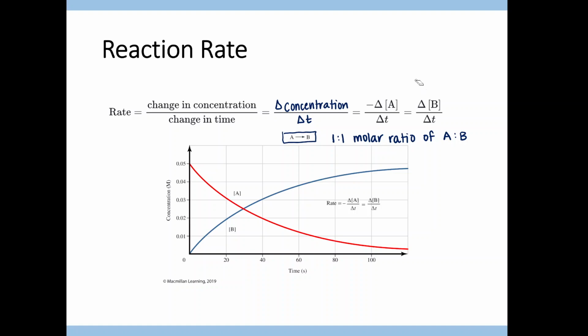So the rate of this reaction is equal to the negative change in concentration of A over time. Concentration of A is decreasing. So the concentration of A at two different time points, the second time with more time will be lower. And then B is increasing. And so we can say the rate is equal to the loss of A or the generation of B over time.